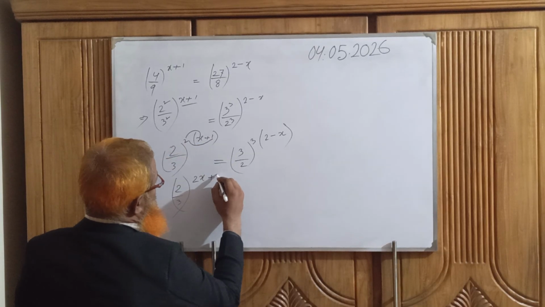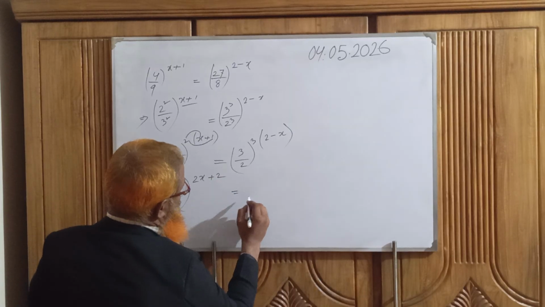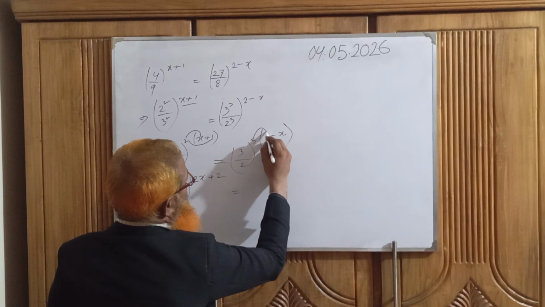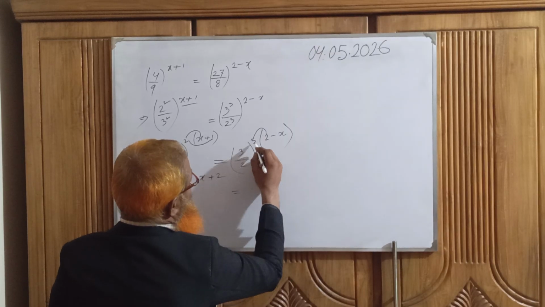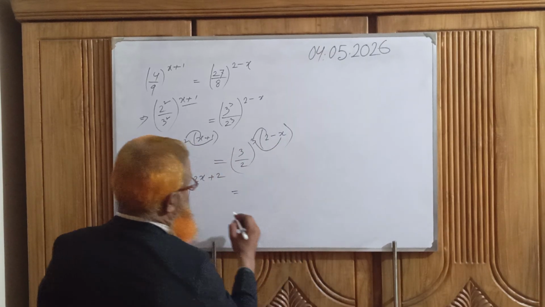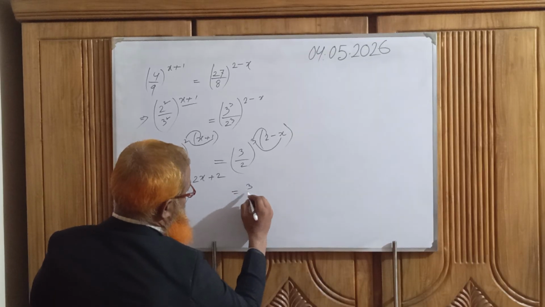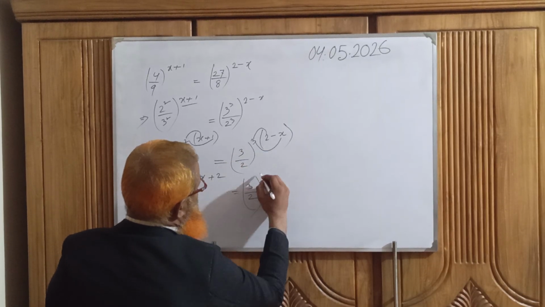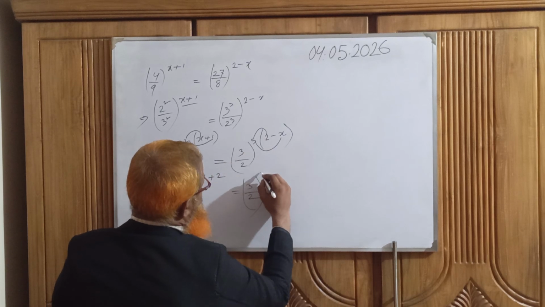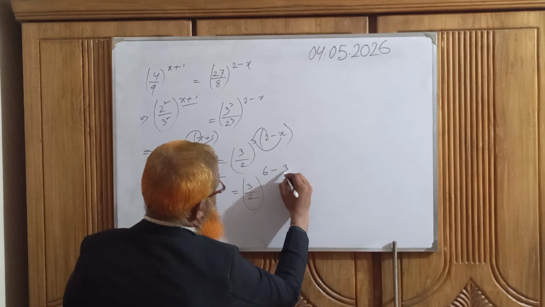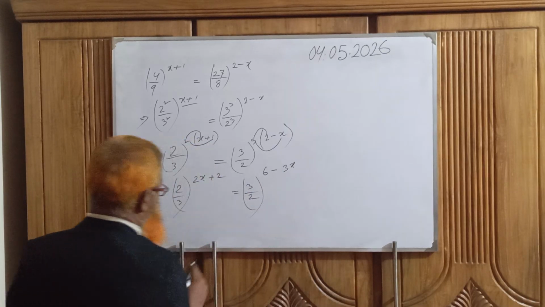And equal to 3 multiply 2 minus x, 3 by 2, 3 by 6 minus 3 into x equal to 3x.